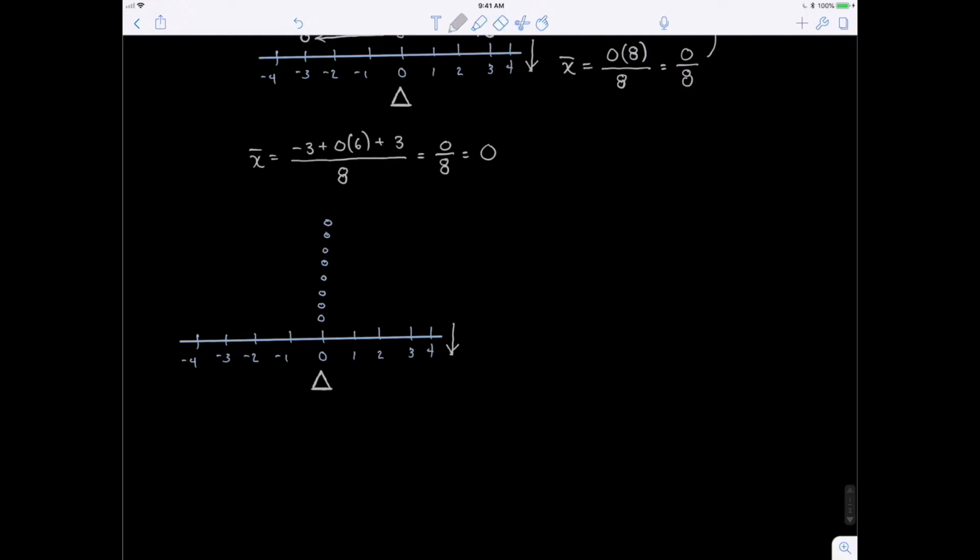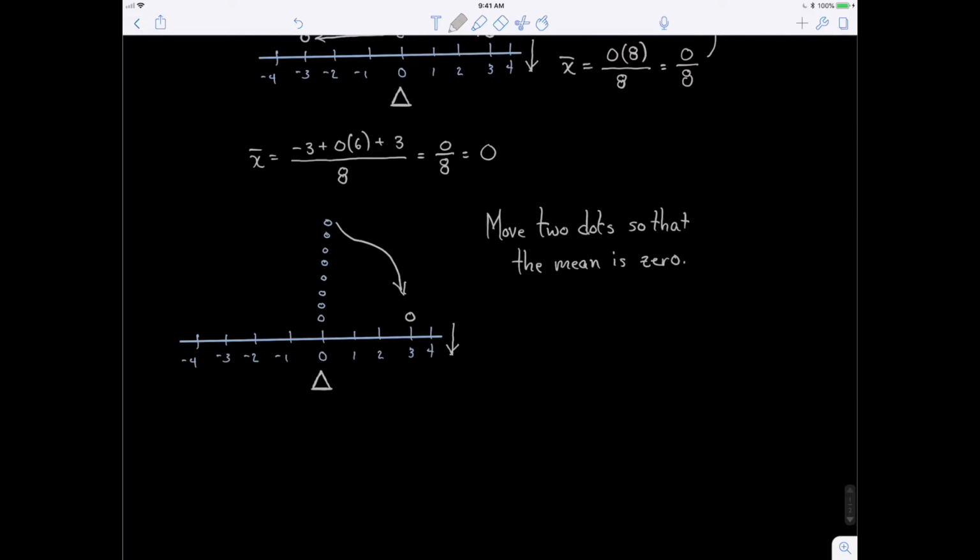Okay. So again, this time the first dot I'm going to put over here on the 3. But now what I want to do is move 2 dots, not just one, but 2, so that the mean is 0.